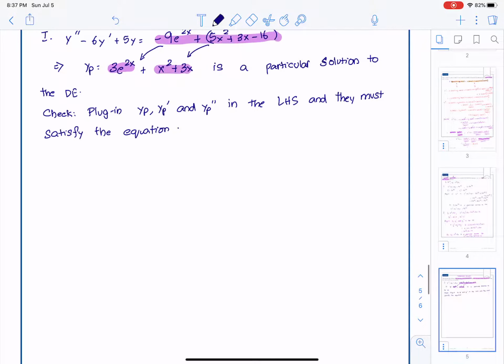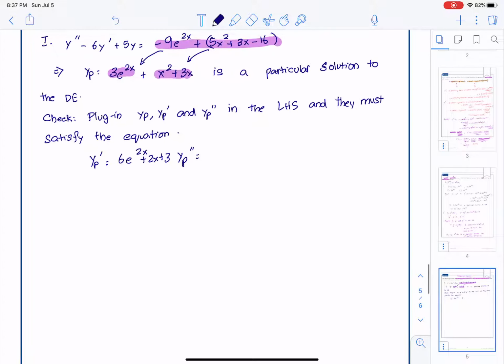Let us see if that happens. In order to do that, we need to find yp prime, which is 6e raised to x plus 2x plus 3. Yp double prime is 12e raised to x plus 2.